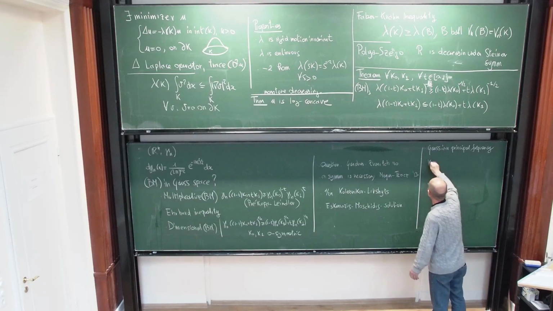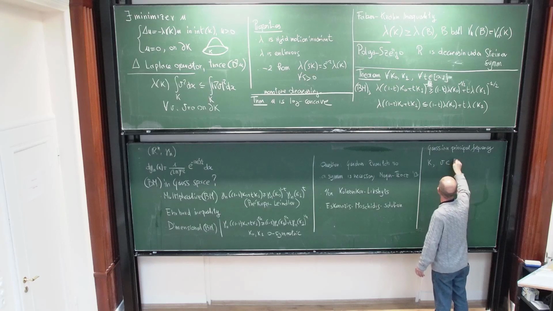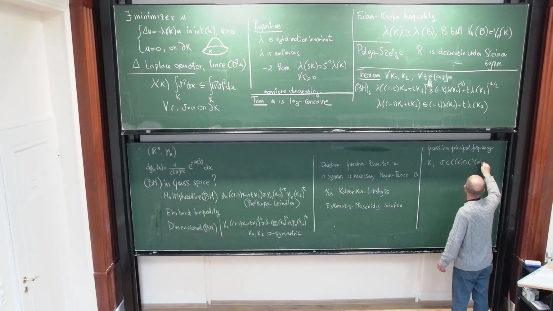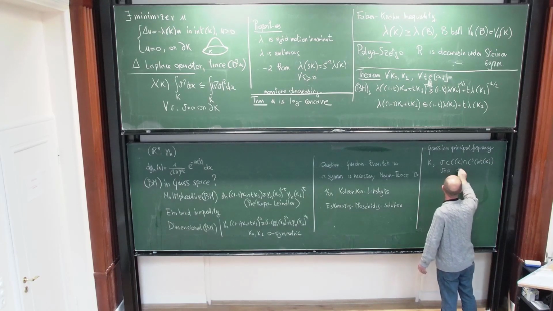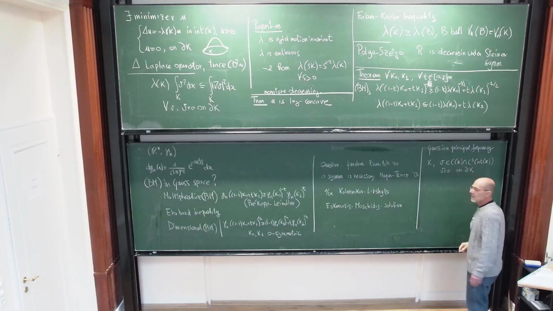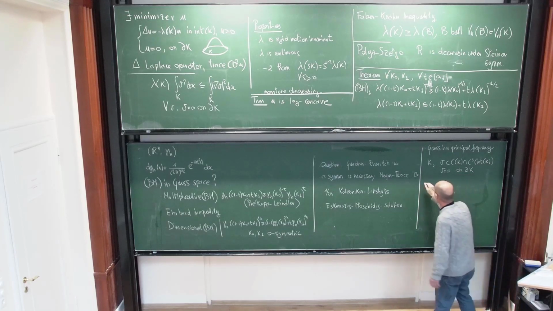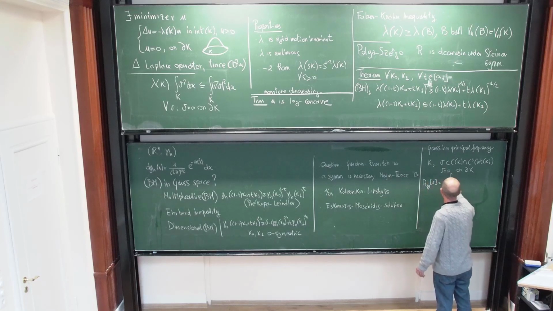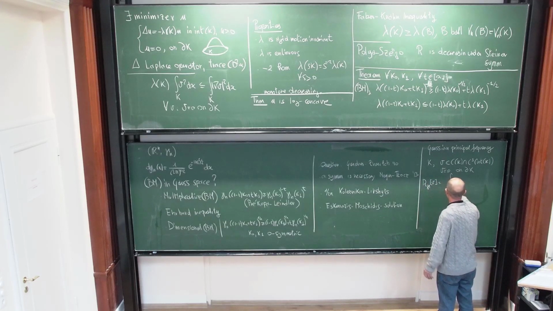So you have your convex body. Again, you take a function which is continuous and C1 in the interior, and which is 0 on the boundary of K. And you just define the Gaussian Rayleigh quotient of V, which is what you imagine.